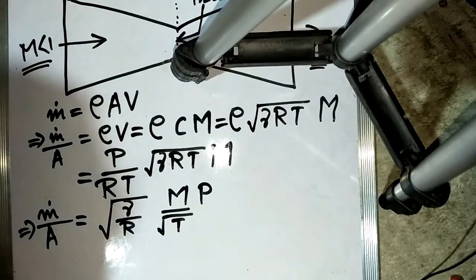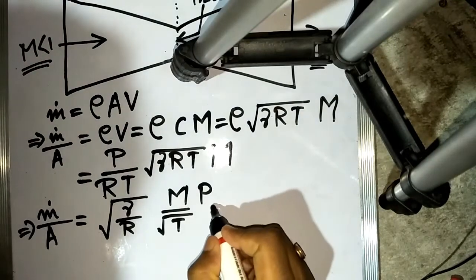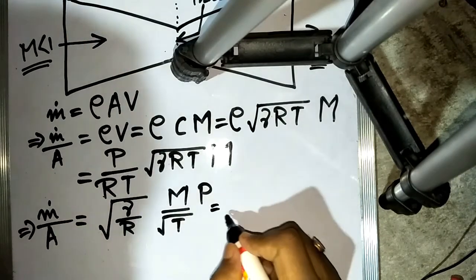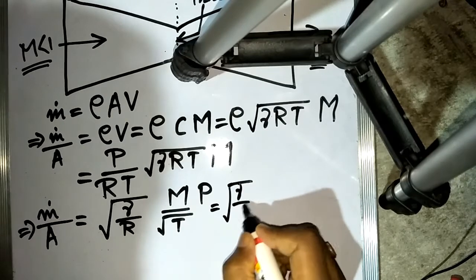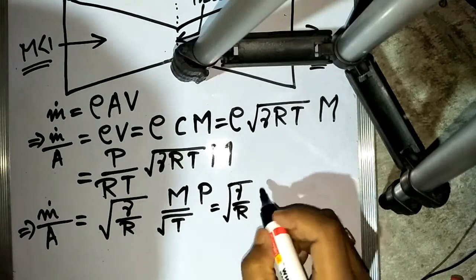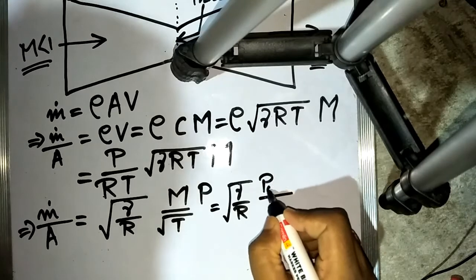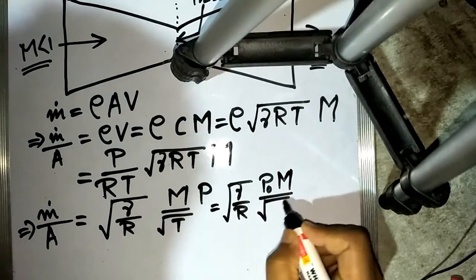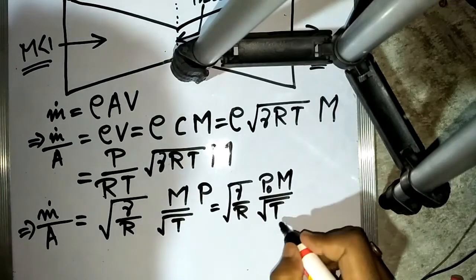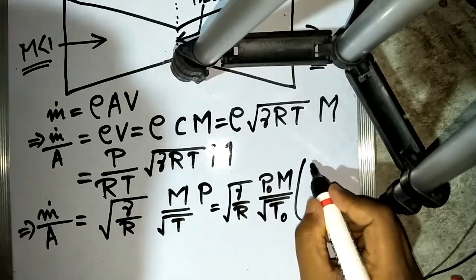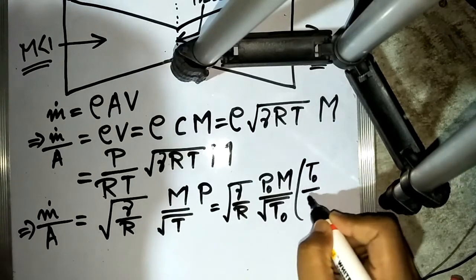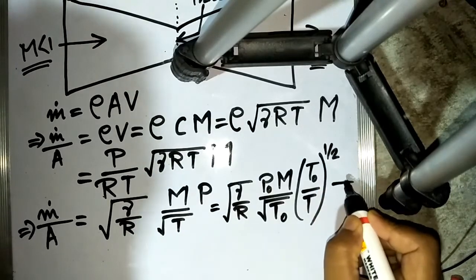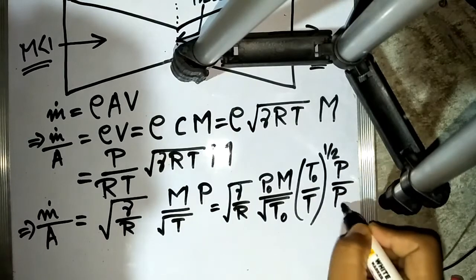Again we can substitute the stagnation properties into this equation. By substituting the stagnation properties, we can write root over gamma by R into P0 into M by root T0, into T0 by T to the power half into P by P0.